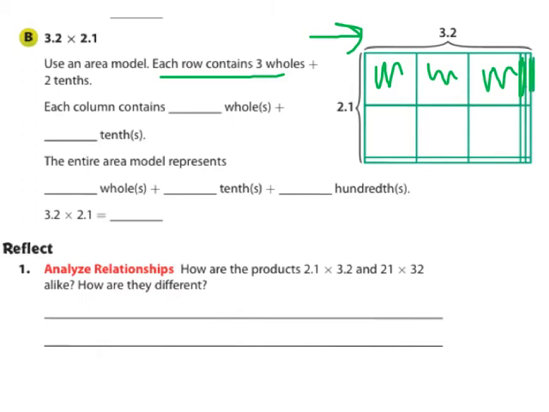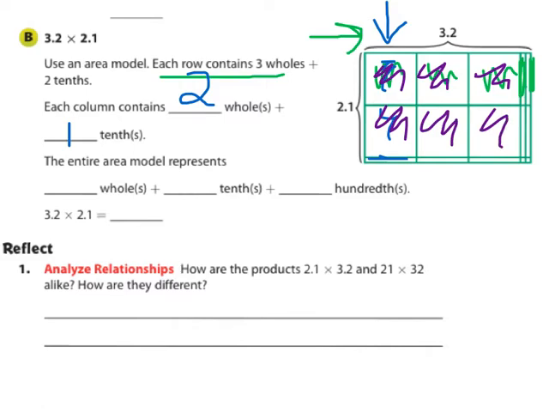And then our columns, which go down, those are where you're going to have your 2 wholes right there, and then that one little tenth down there at the bottom. All together, what do we have? If we go and count, we have 1, 2, 3, 4, 5, 6 whole parts.